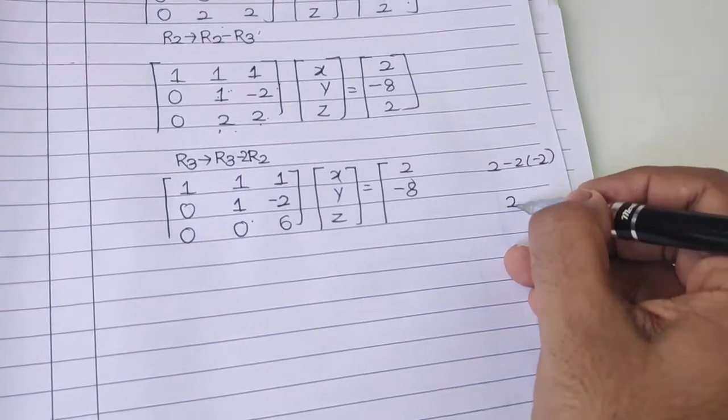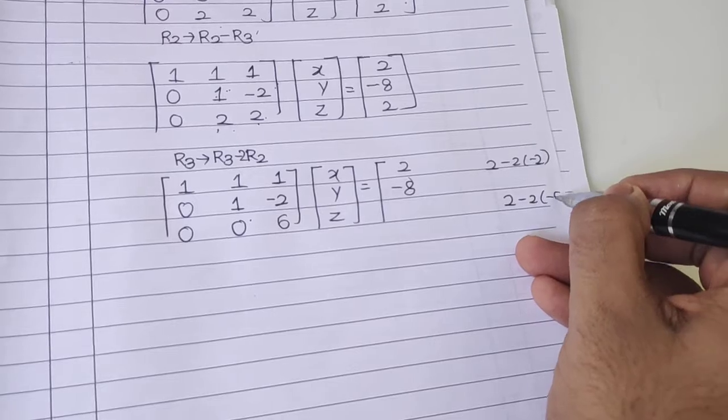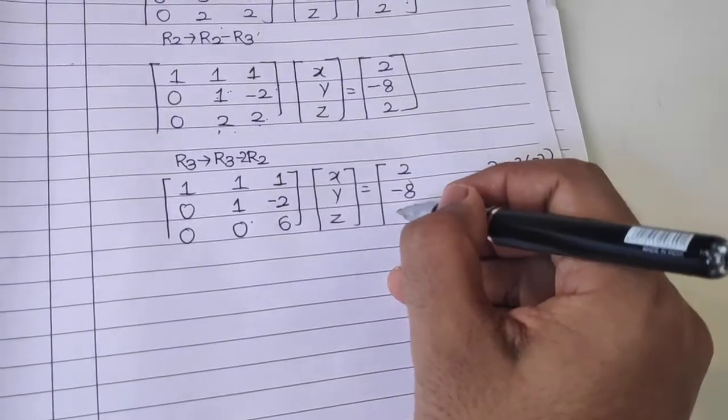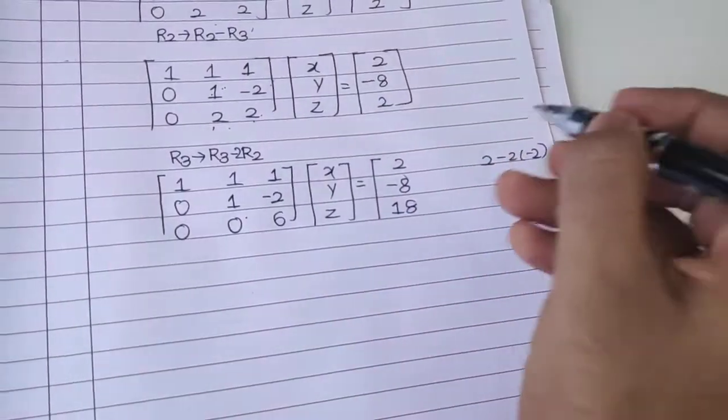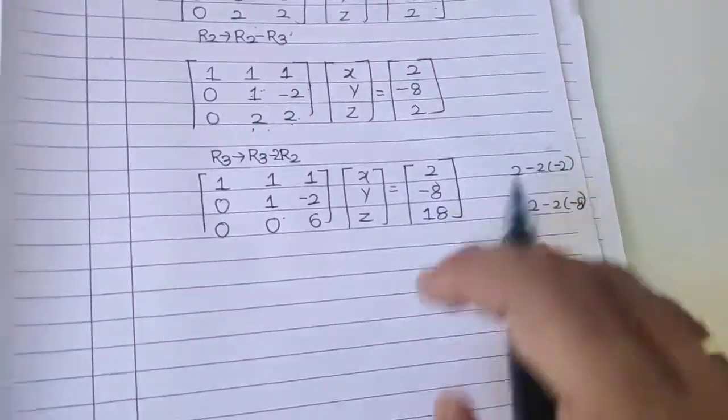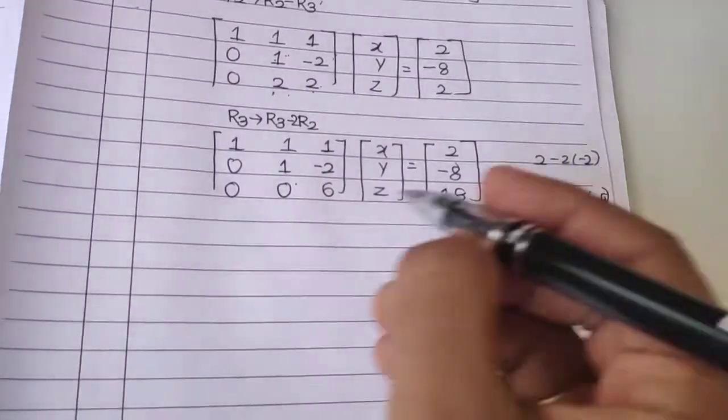R3, that is 2, minus 2 times of minus 8. And yes, we got a UTM on the left hand side.